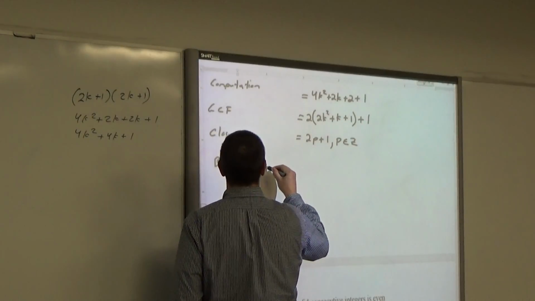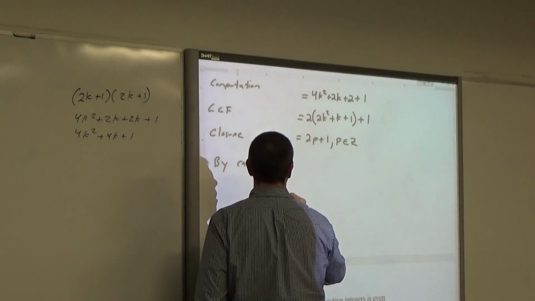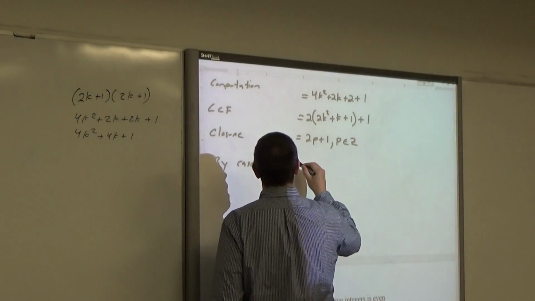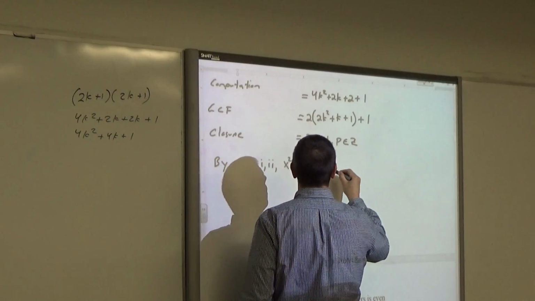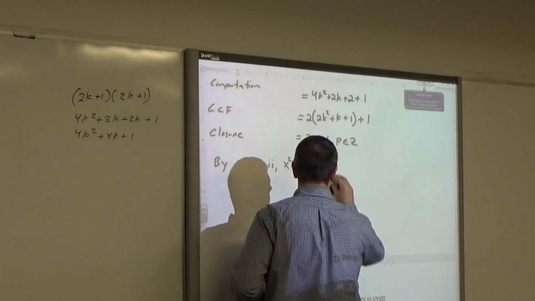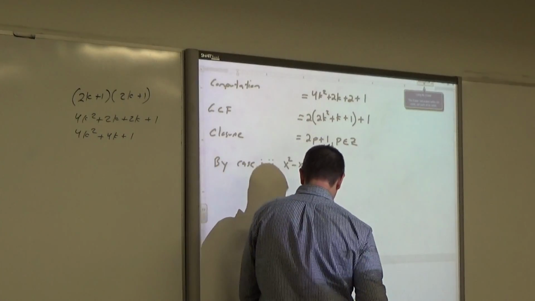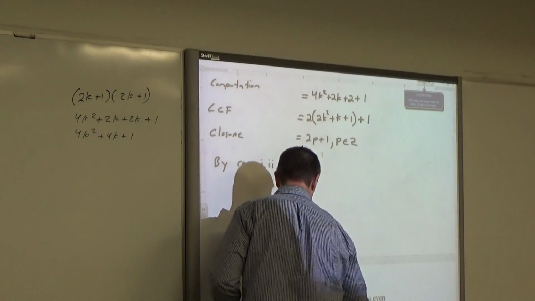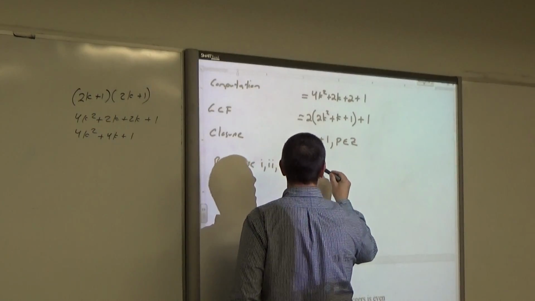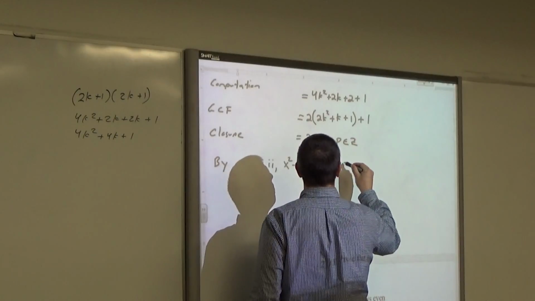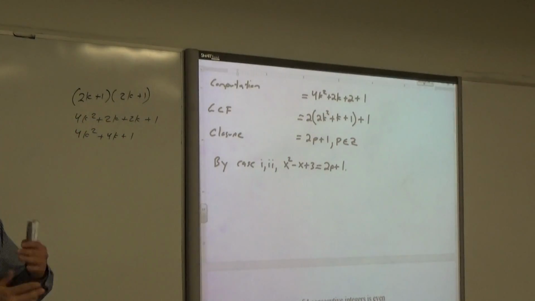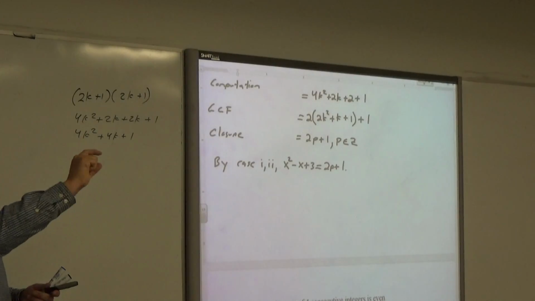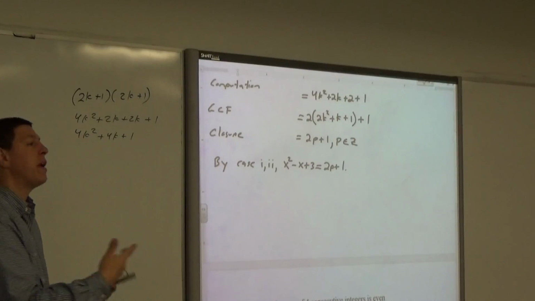So by case 1 and 2, we see that x squared minus x plus 3 is equal to 2p plus 1. Okay. Both of those were equal to 2p plus 1, which is why I like to reuse the variables, so that we don't have to say equal 2p plus 1 or equal 2m plus 1. Just makes it easier for us.